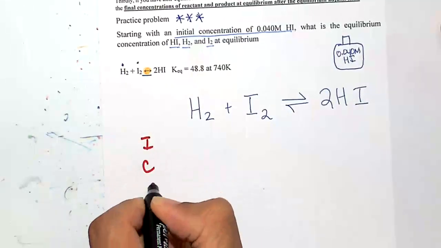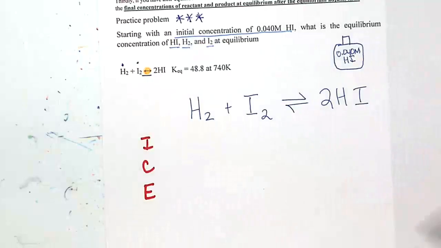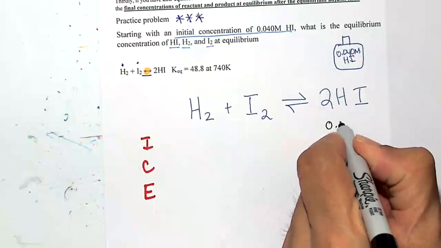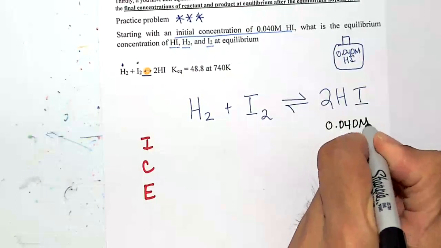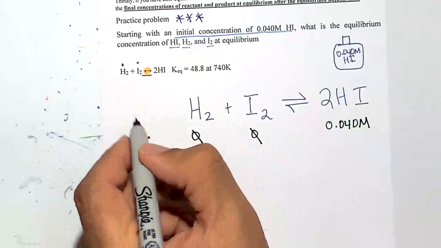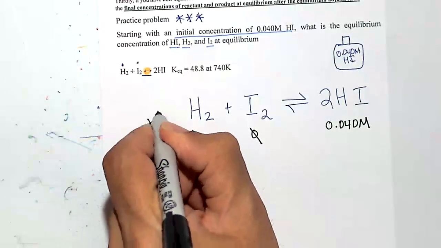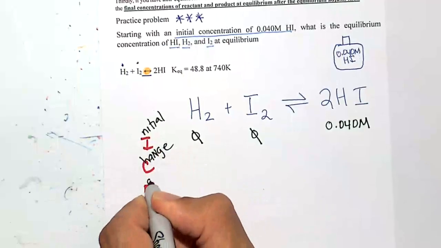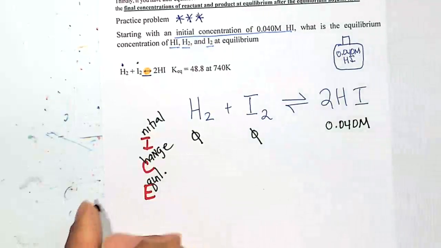Here initially we have 0.040. Initially here we have 0. Initially here we have 0. Remember, this is initial, this is change, and this is equilibrium, the final equilibrium concentrations.